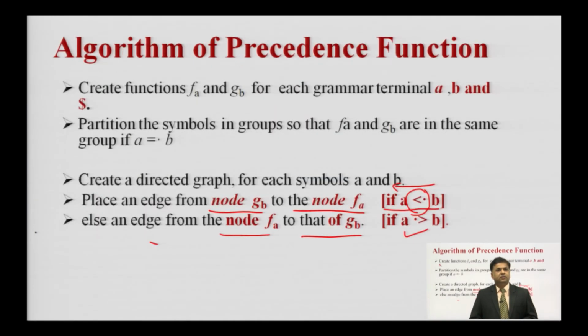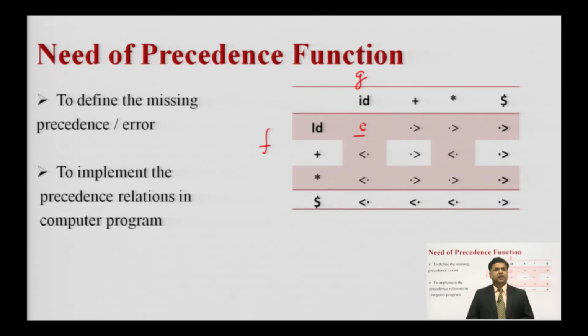So just I conclude here from the basic that we start with the precedence relation. We find some disadvantage of the precedence relation table, that there were some relations missing, which we declared as errors.